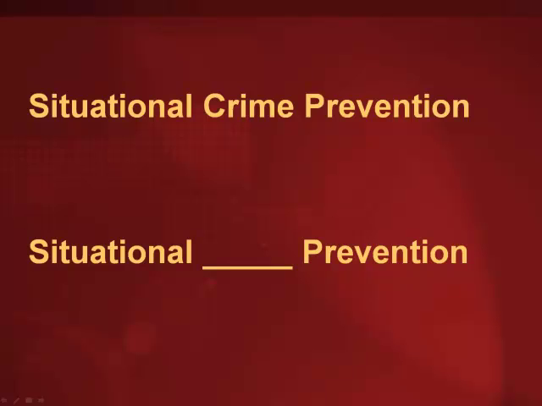Maybe we can combine the two and call it situational problem prevention. Either way, whatever you fill in the blank, the technique that we're going to be illustrating this week is, we believe, an effective tool for preventing or controlling unwanted behaviors in a specific environment. So let's define it a little more clearly.